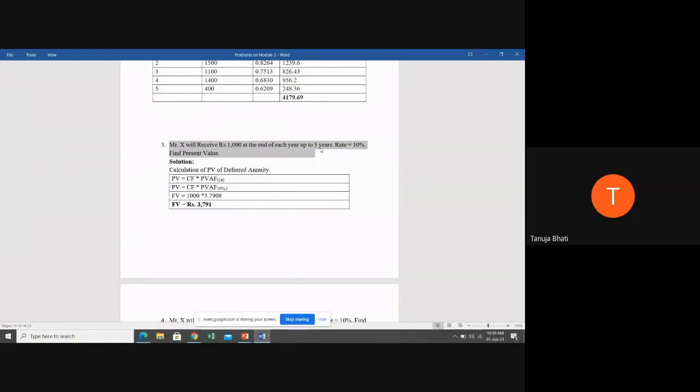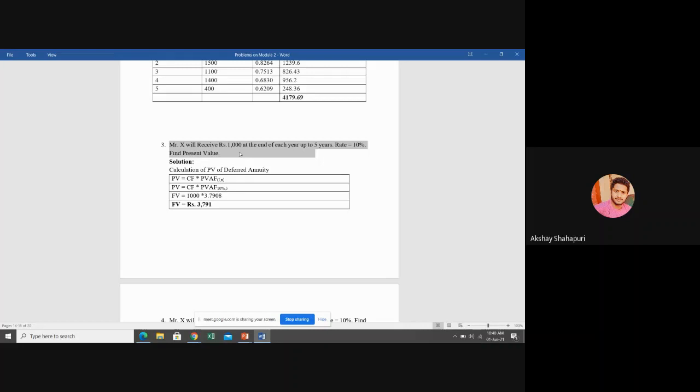So can anyone tell me under which category is this falling? Deferred annuity. So can you tell me what is the meaning of deferred annuity?